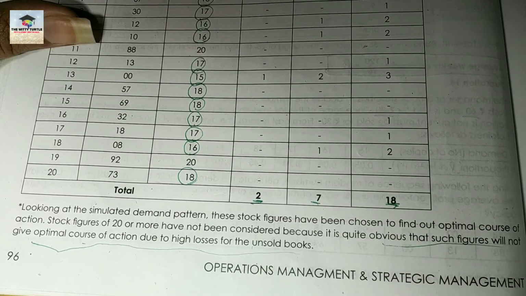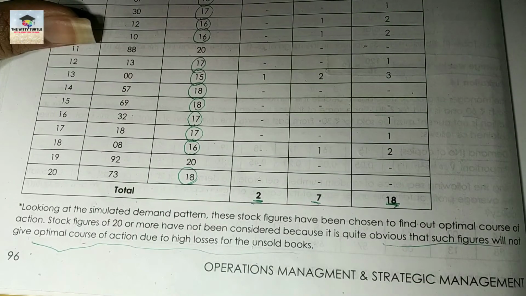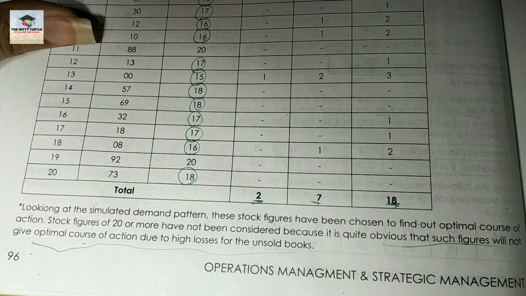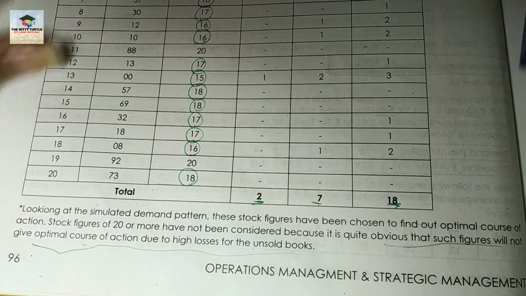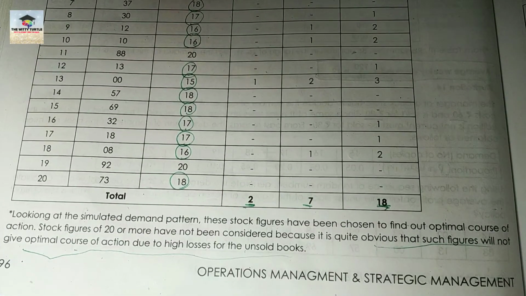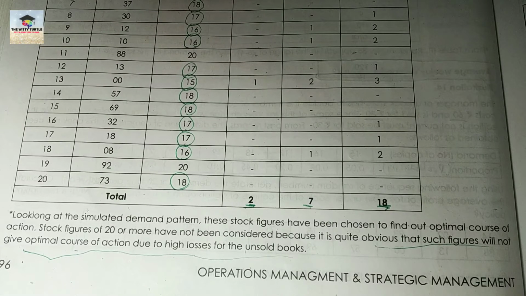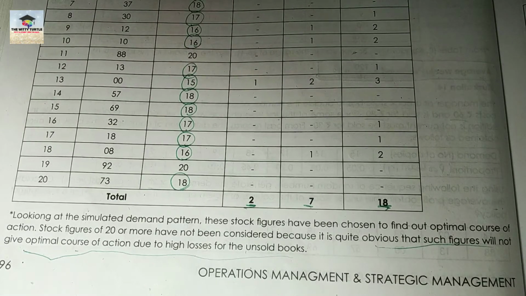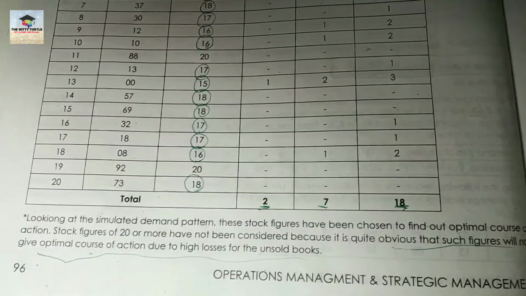Because it is quite obvious that such figures will not give an optimal course of action due to high losses for the unsold books. Obviously, when you have a demand of 20 books or more, you will not incur loss. But below 20, or below 19, or even below 18, there might be a chance of loss.